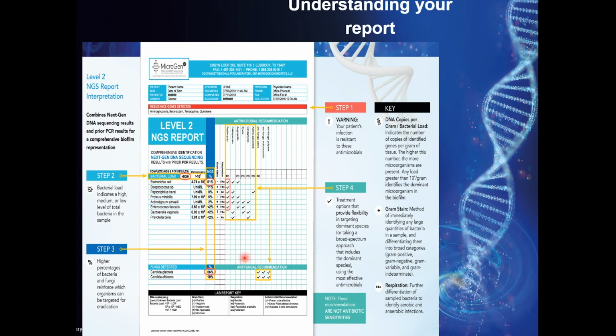And then step 4, of course, is looking at what antibiotics can be used or antifungals for your patient's infection. So go through it very slowly. It takes a few reports to become comfortable, but look at abundance and, of course, resistance. And then here it tells you what you can prescribe the patient to help you.